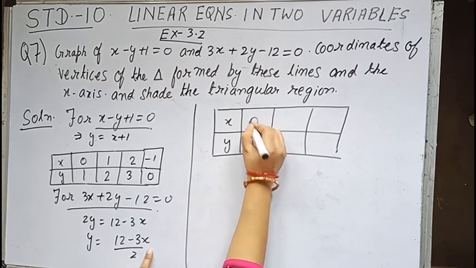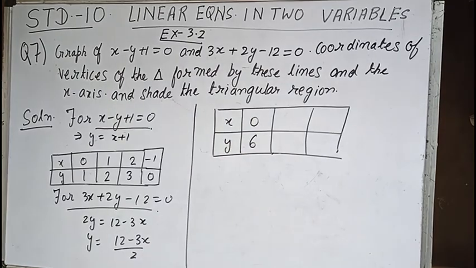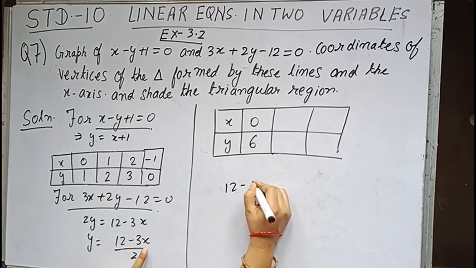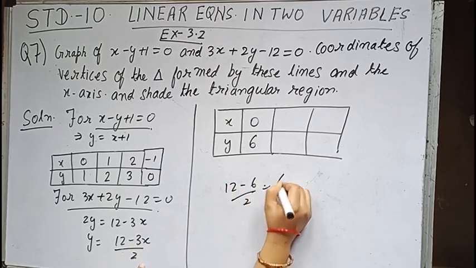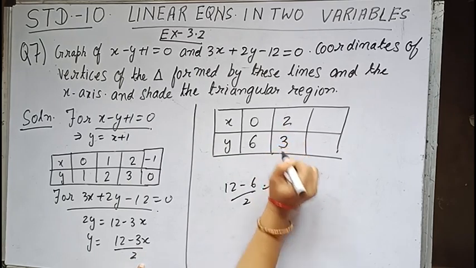When x is 0, y will be 12 by 2, that is 6. Now let us take x equals 2. So over here 12 minus 3 twos are 6, by 2, that is 3. So over here 2, 3.